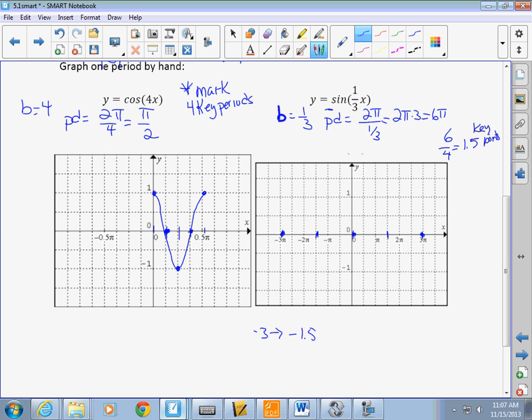This is from a sine graph. At the beginning, halfway through, and at the end. Because if I think that this is what a sine graph looks like, right? So at the beginning, halfway through, and at the end, I'm back at 0.